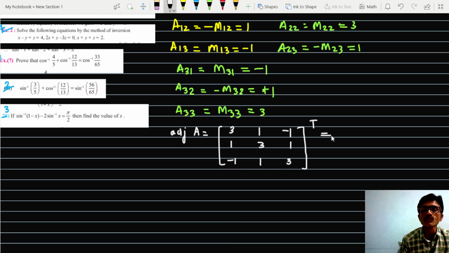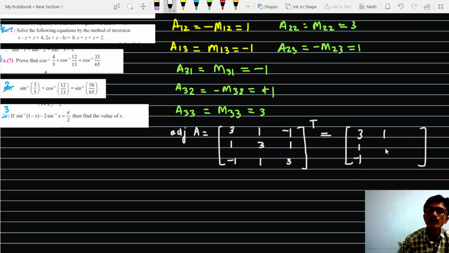Then transpose of this matrix will be by interchanging all rows and columns. So we interchange all rows and columns, so it is 3, 1, minus 1, 1, 3, 1, minus 1, 1, 3. This will be the adjoint of the matrix.